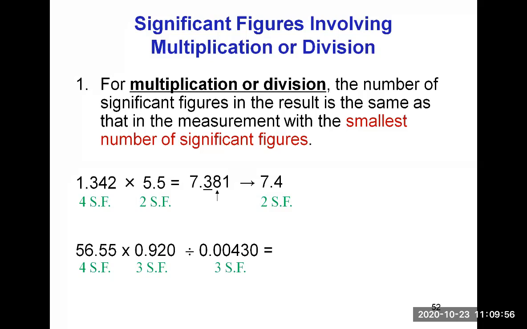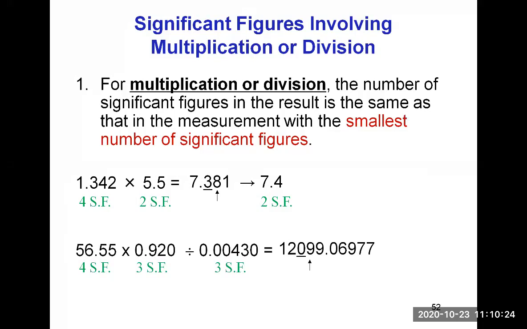So the least number of significant figures is 3. The calculator answer is that. And so we need to keep 3 significant figures. So let's count. We keep the 1, the 2, and then the 0 is the third sig fig. What comes after the 0 is a 9, so you need to round up. So we will keep the 1, the 2, and then it's going to be a 1.